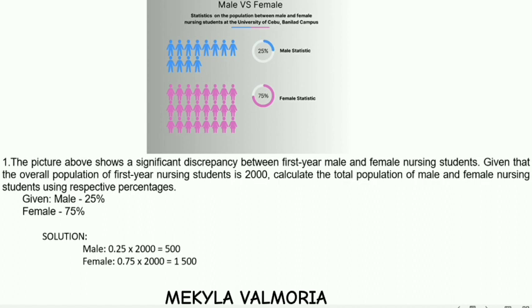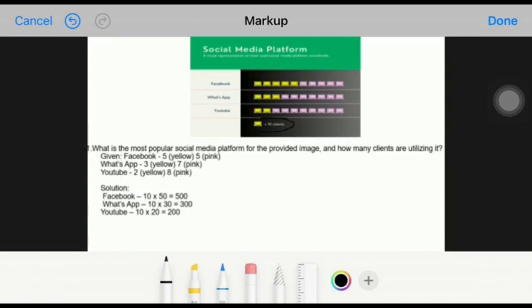For female, we have 0.75 times 2000 equals 1500 female nursing students. And each yellow PC has 10 clients. So in Facebook, there are 5 yellow PC. 5, multiply it by 10 because each yellow PC has 10 clients, so 50.